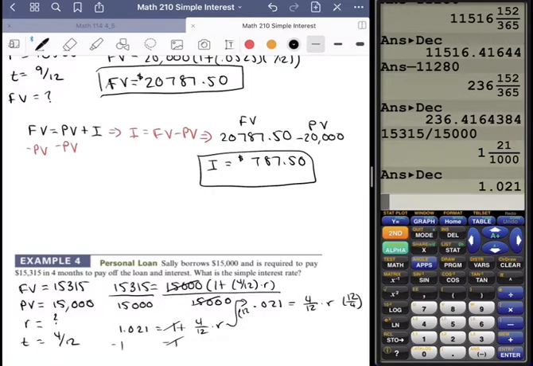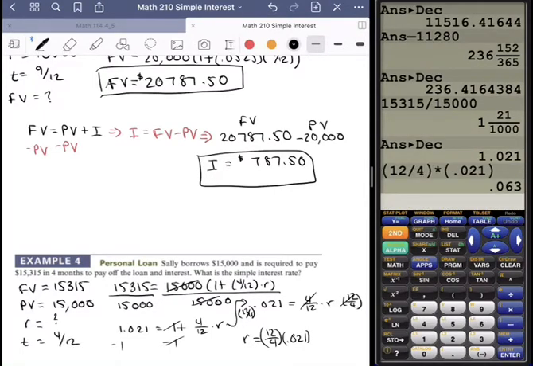So this cancels with this, and I have that r is equal to 12 over 4 times 0.021. So therefore I have 0.063. Therefore my rate is 6.3%.